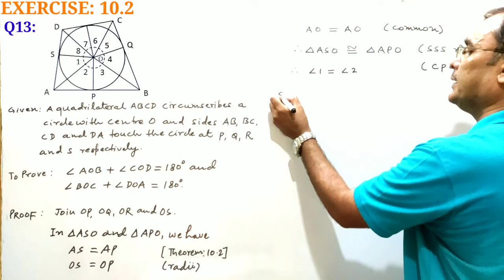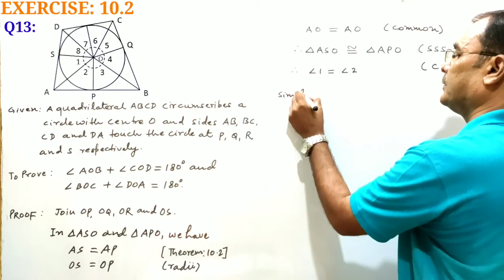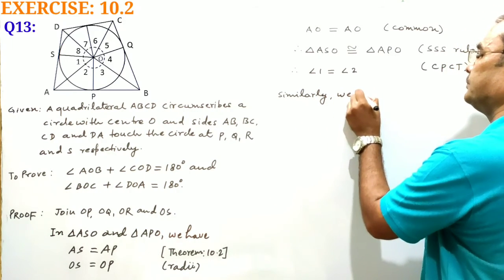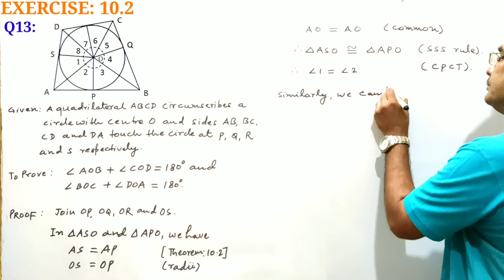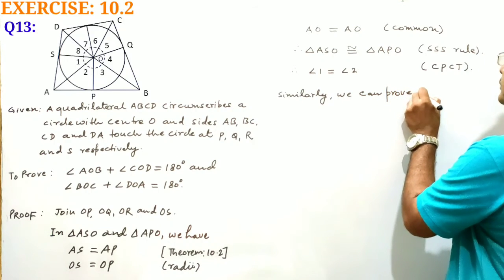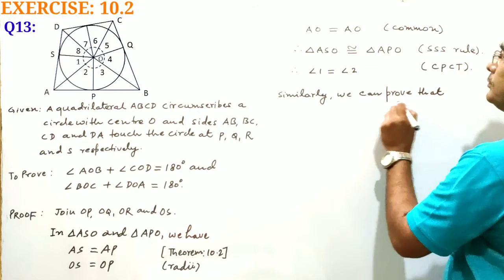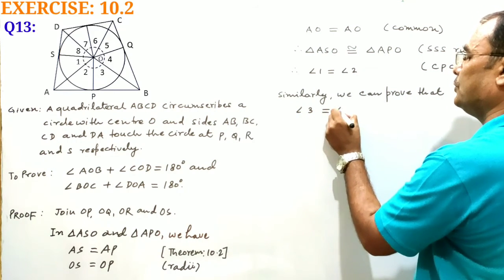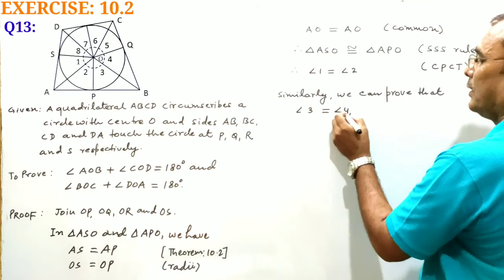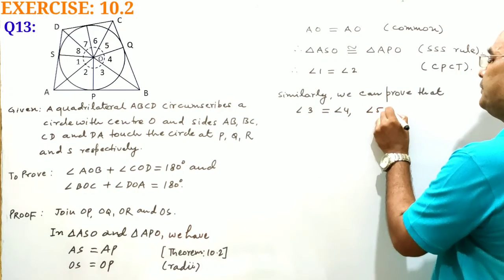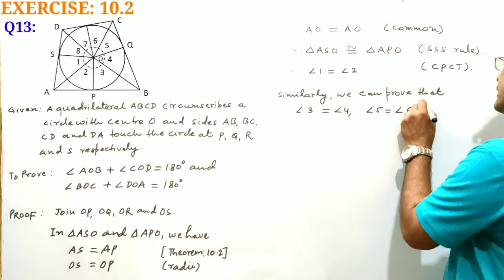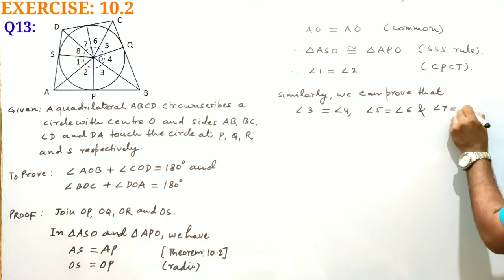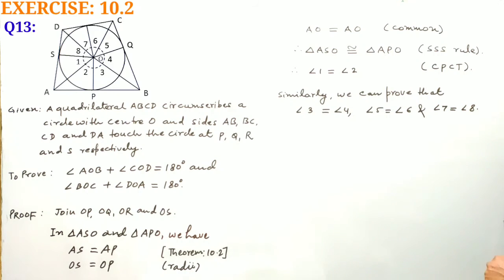Similarly, we can prove that angle 3 is equal to angle 4, angle 5 is equal to angle 6, and angle 7 is equal to angle 8.